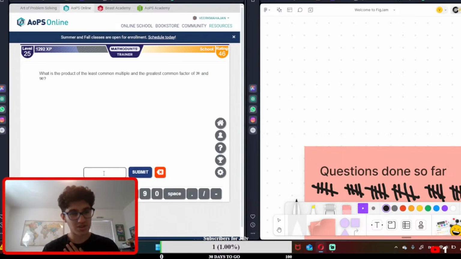What is the product of the least common multiple and the greatest common factor? Okay, 1800, because it's just the product of the two numbers. What's the least common multiple of all of these? You can take out, well, you can't really take out anything, right? There's nothing in common with all three of them. So you'll just have to multiply them all together, I guess, which gives you 70.